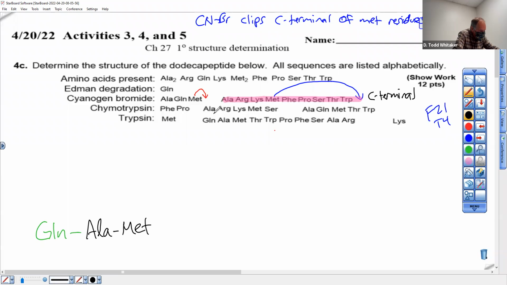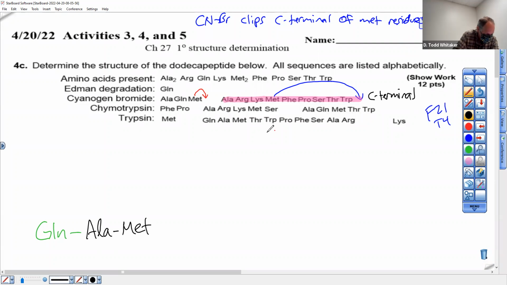It tells us, do I see any of those here? Do I see Ala? Chymotrypsin puts Phe at the end, doesn't it? Oh, chymotrypsin, no, it puts, uh-oh. Do we have a problem? I made a mistake. I should have looked at the answer key and seen if there was a problem.